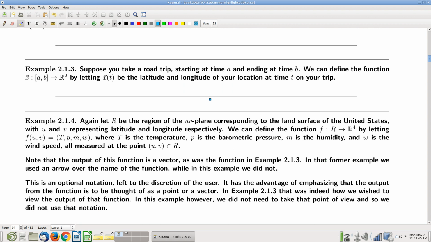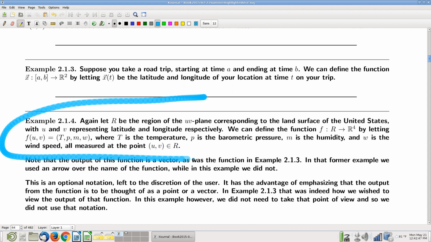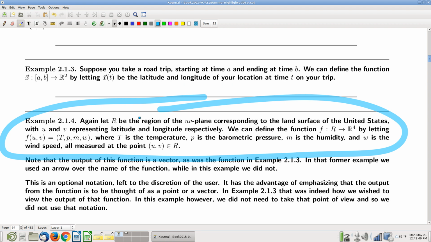Okay, and lastly, this is a weird one. You might call this the weather function. I like this example because it's an opportunity for me to talk about different dimensions. Here's the idea of my function. If you give me a longitude and a latitude, I'm going to give you 4 numbers out. So 2 numbers in, longitude and latitude.